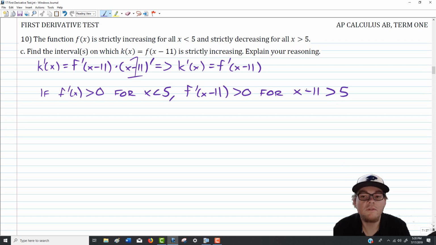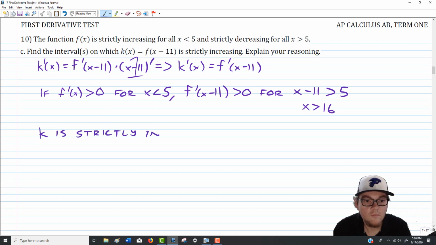Right? Because all this is doing is shifting it around. So that's the same thing as saying x is less than 16. So therefore, k is strictly increasing for x less than 16.